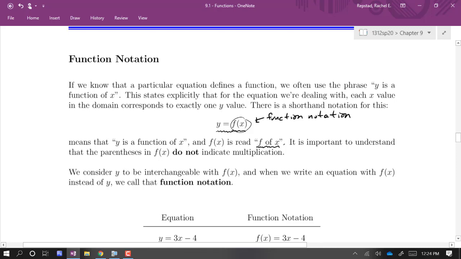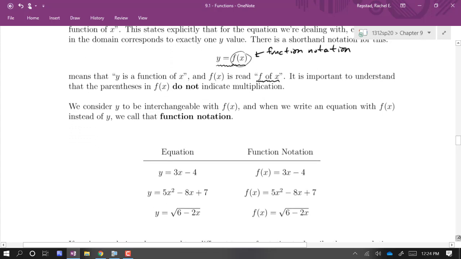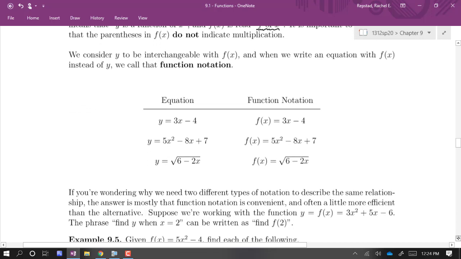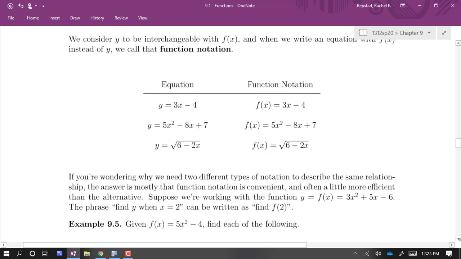It does not indicate multiplication, right? Those parentheses are not a multiplication. So, writing y equals and f of x equals, they're really equivalent. And writing f of x equals is just sort of driving home the point that this is a function and we're using function notation. But these define the same functions, right? Just we're using different notations in either case.